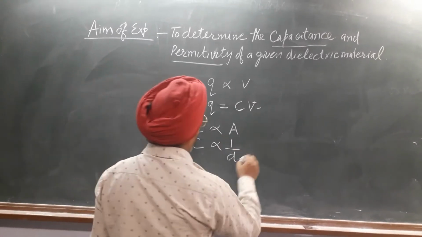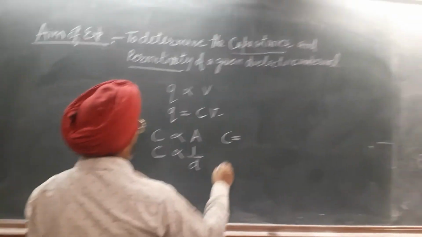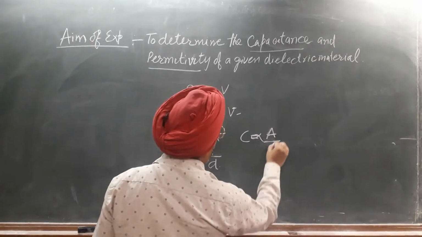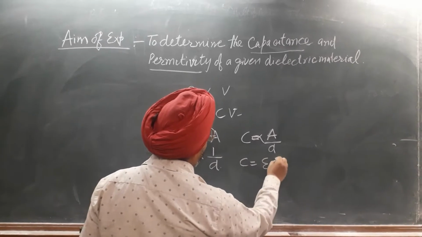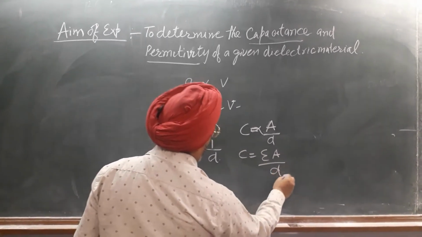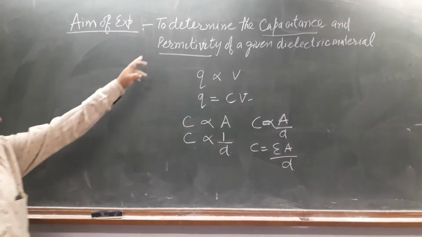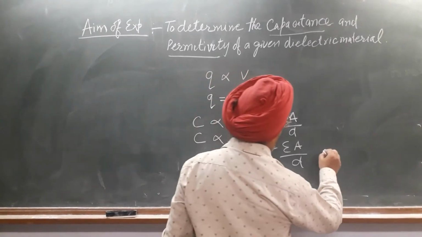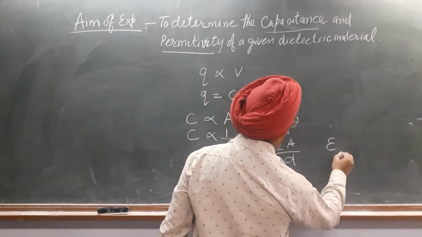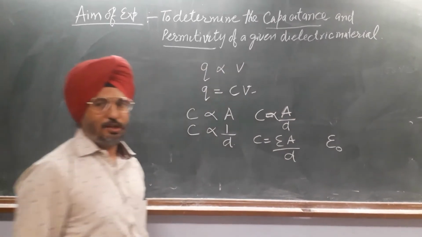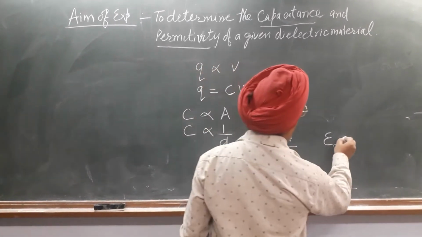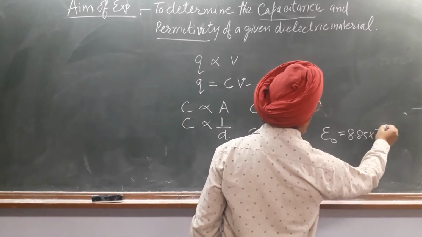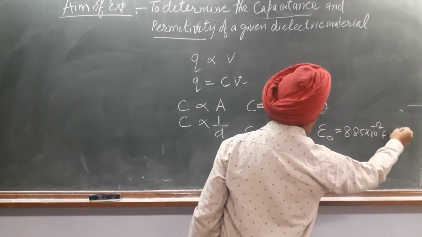From both, we can say C is directly proportional to A upon D, or C is equal to epsilon A upon D, where epsilon is the permittivity of the material. For vacuum, epsilon is denoted by epsilon naught, and its value is 8.85 into 10 to the power minus 12 farad per meter.